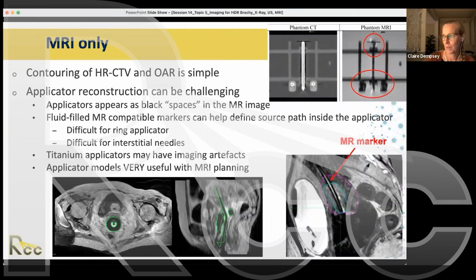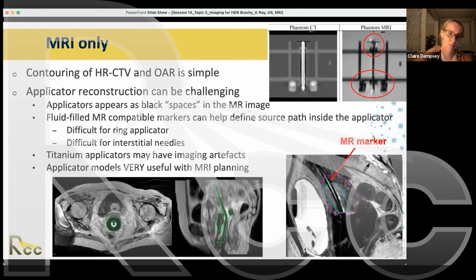So I probably wouldn't suggest any department moves to MRI only brachytherapy treatment planning without having applicator models available to them. I think it's just a little bit too difficult, a little bit too risky to reconstruct an applicator without an applicator model. So that would be my advice if anyone was thinking of moving to MRI only.